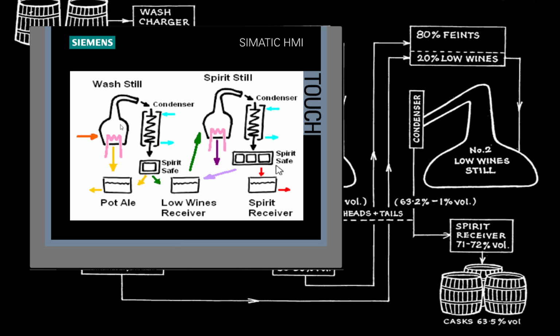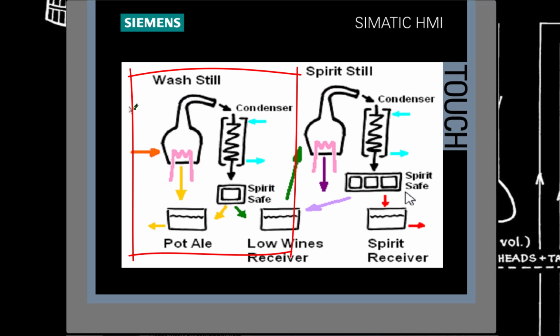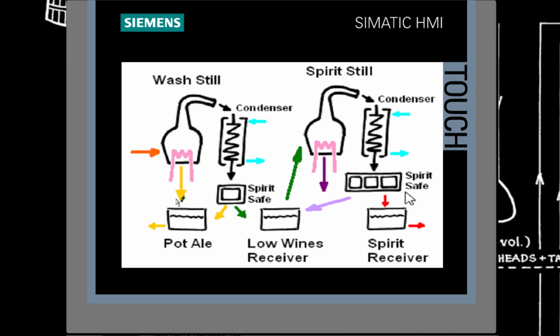So we'll start with the wash still, where we take the product from the mash tanks, which has an alcohol content of about 4%. That is heated up normally with steam coils, and then the alcohol will go through a condenser, so in its steam form, and we get a purer spirit coming out.